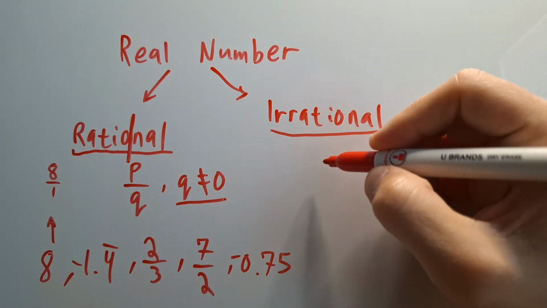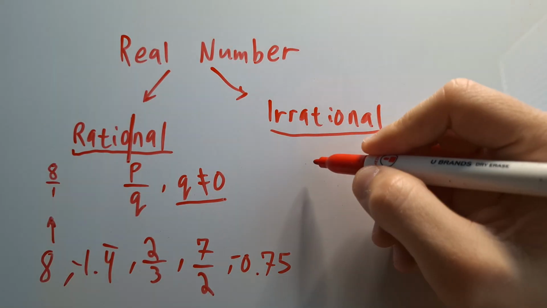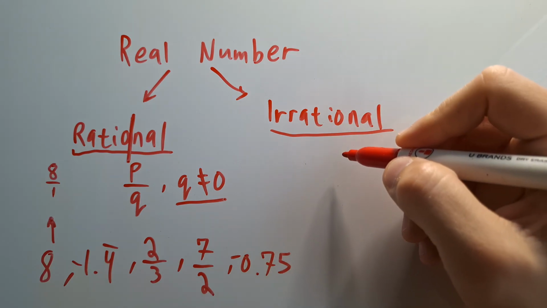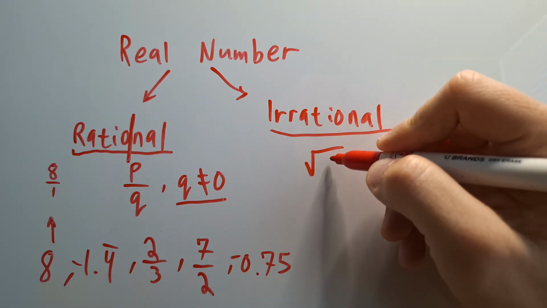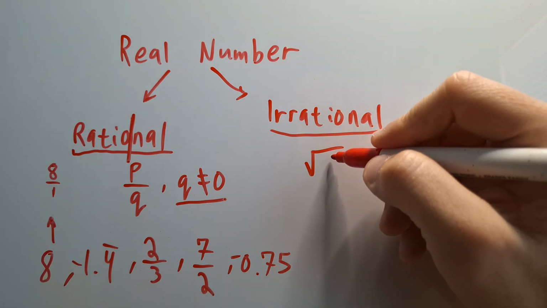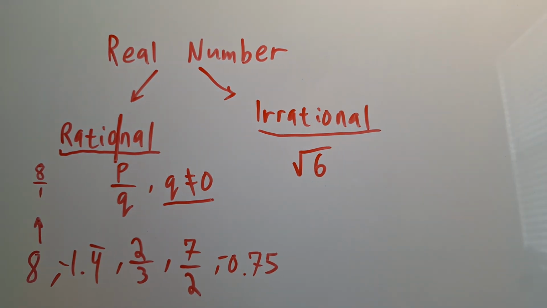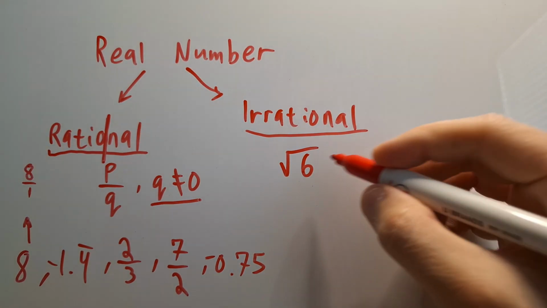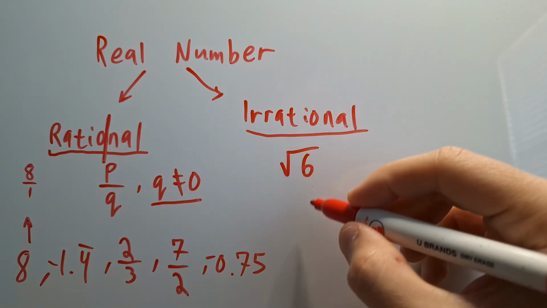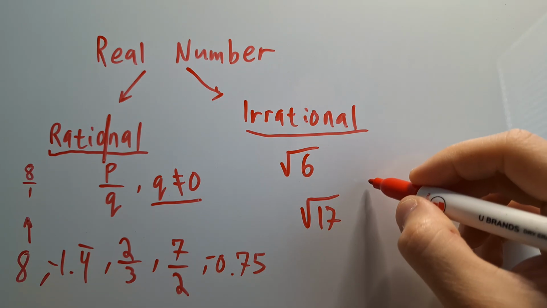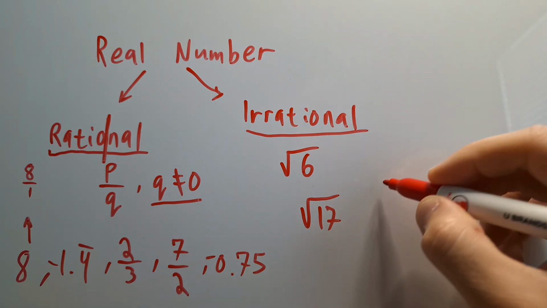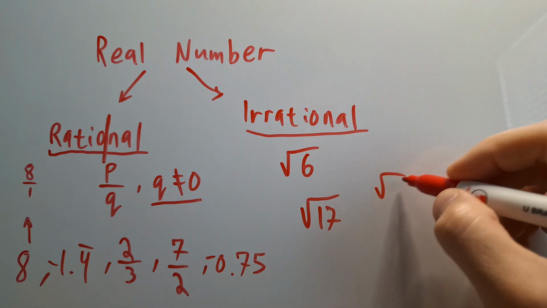So irrational numbers, specifically how we can classify these types of numbers, think of the square root of a number that's not a perfect square. Those are typically really good examples of irrational numbers. If you take the square root of 6, or the square root of 17, or any square root of a non-perfect square number, the square root of 2.